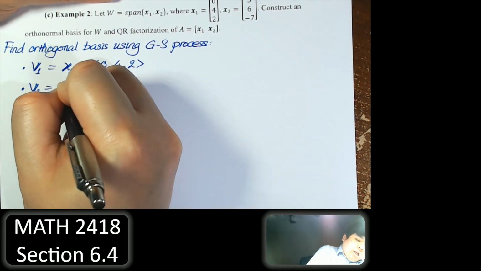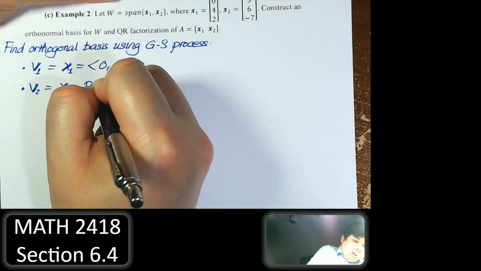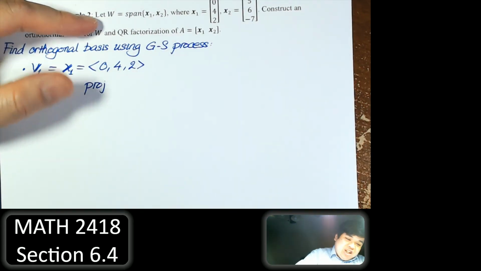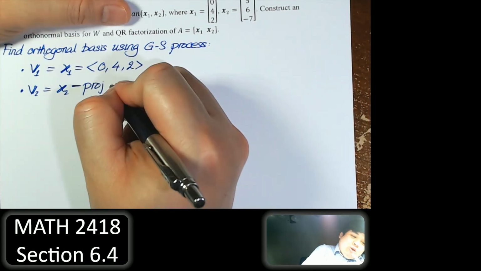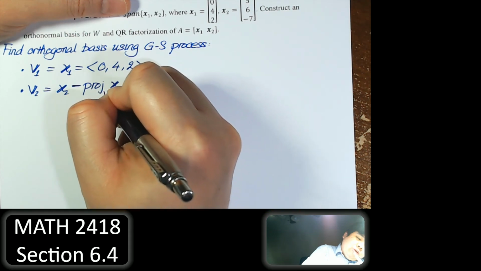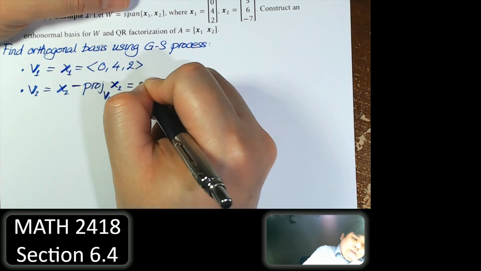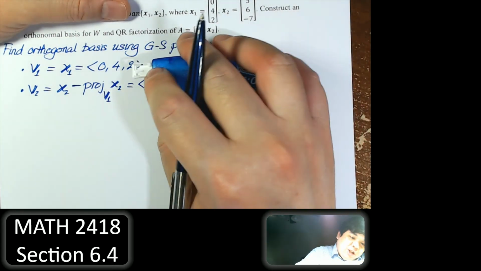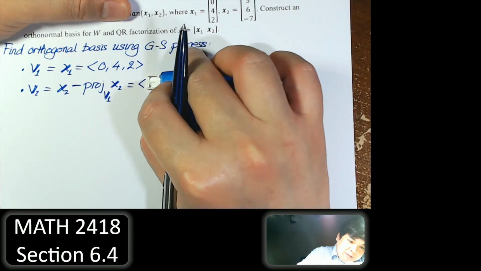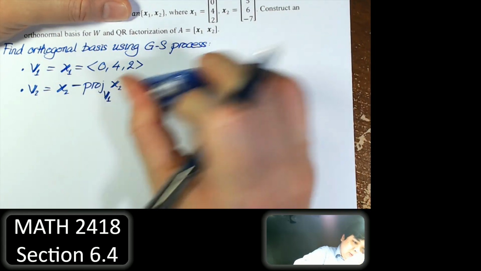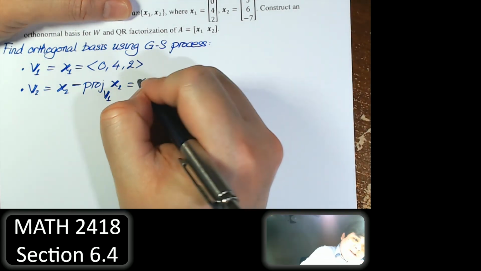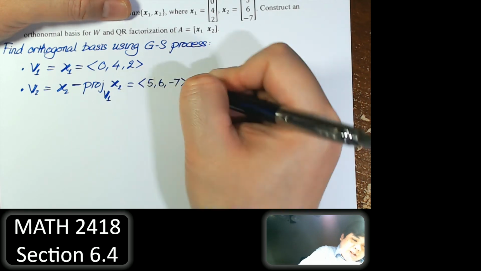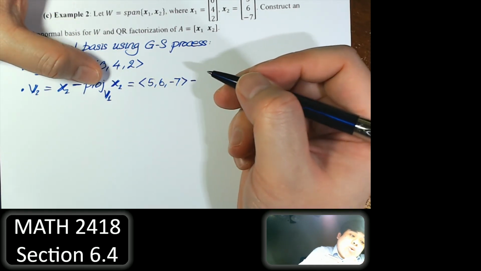V2 is x2 minus the projection, subtract the projection of x2 onto v1. That is x2, sorry: 5, 6, -7. Subtract the projection of x2 onto v1.